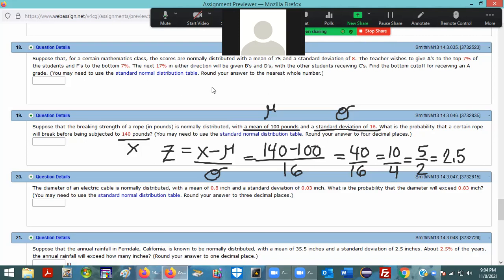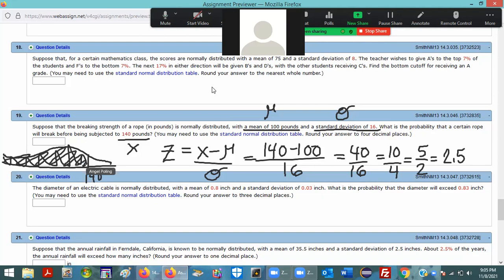And so before reaching 140 pounds, that's going to look like anything before 140 will be shaded, right?